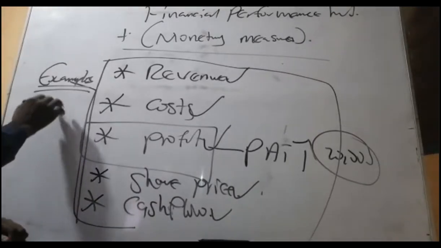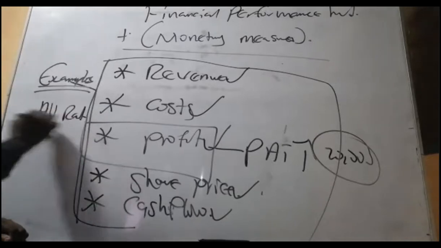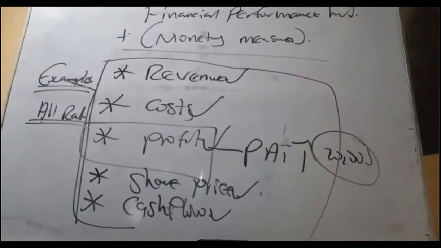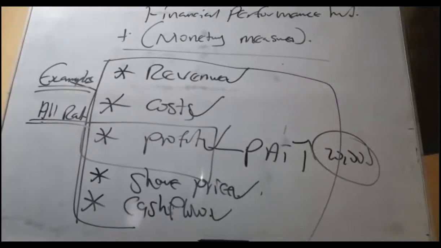So here we should know how to use ratios to analyze or to measure the performance of an organization. Good. So with that, you don't need to worry. I will upload that section on the platform and you use that one to get it. So, how to use ratio analysis to measure the performance of an organization.